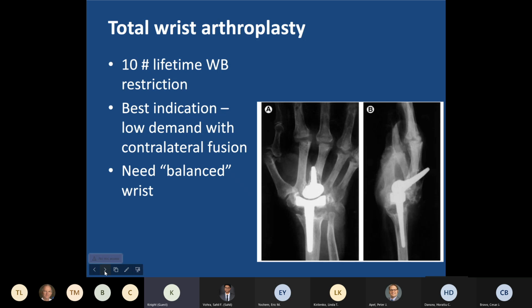Like I said earlier, a balanced wrist with good bone stock is really necessary for this, because if you don't have adequate bone stock, it makes implantation obviously difficult and can increase your risk of instability. If you do find one of these dislocated, the board answer I think is to reduce it and cast them, and to monitor them weekly as they're casted. So next.